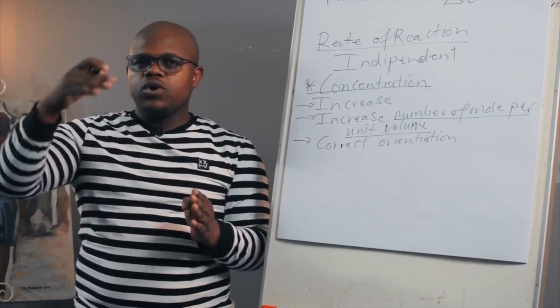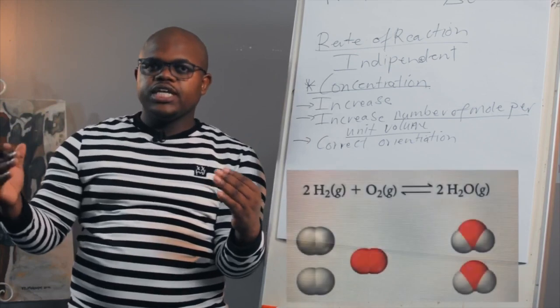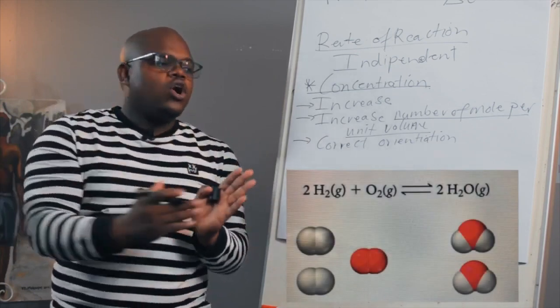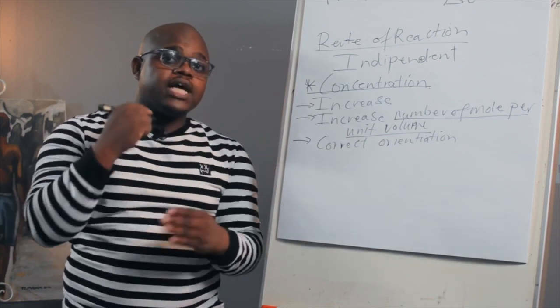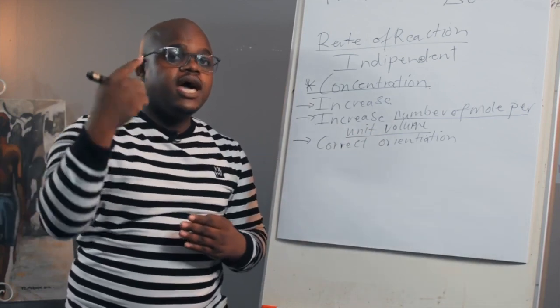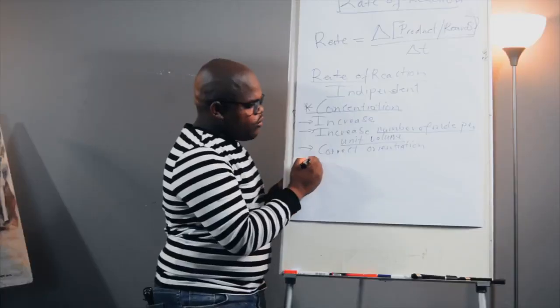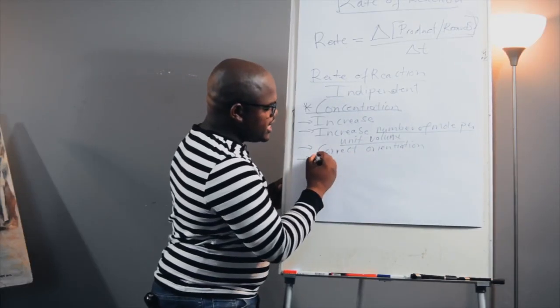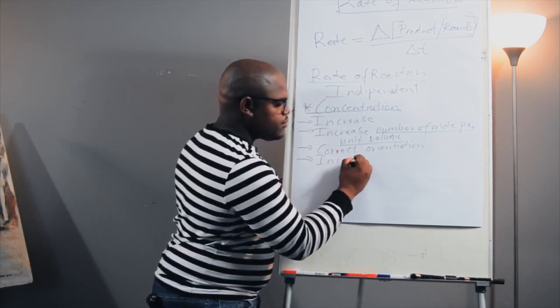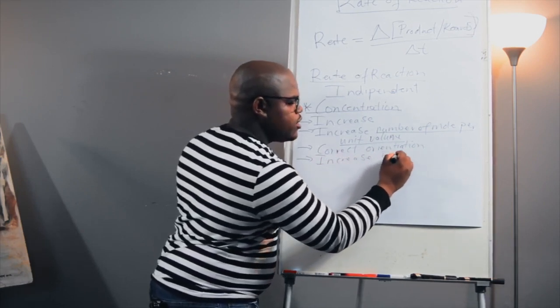But if H collides with oxygen, we have water. So correct orientation means that they are aligning each other for correct what? Collision, okay? Now, whenever we increase correct orientation, that means we increase the rate of reaction.